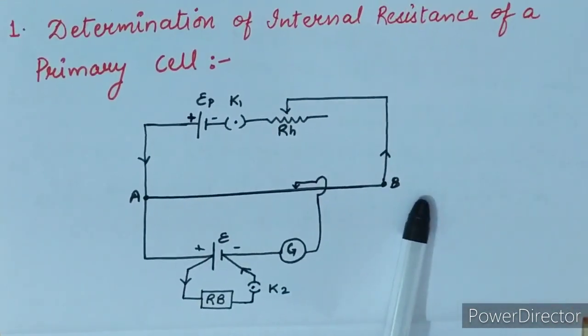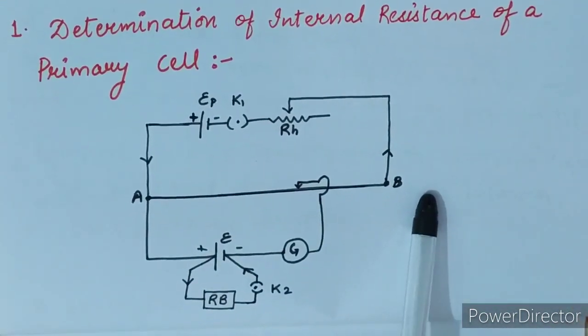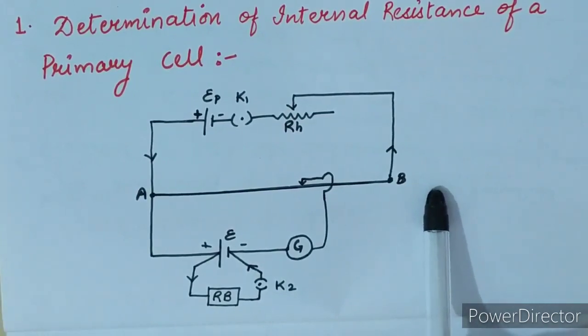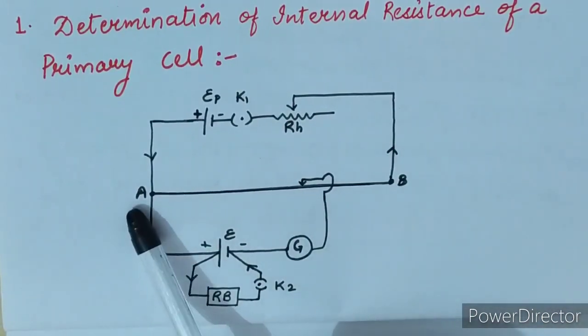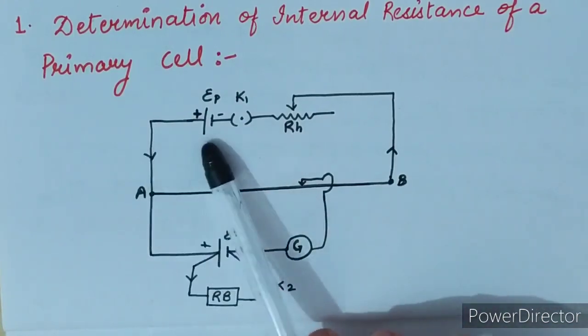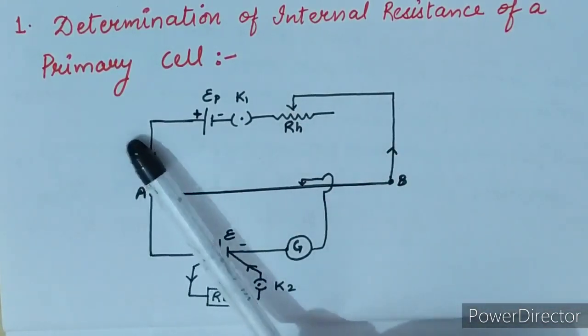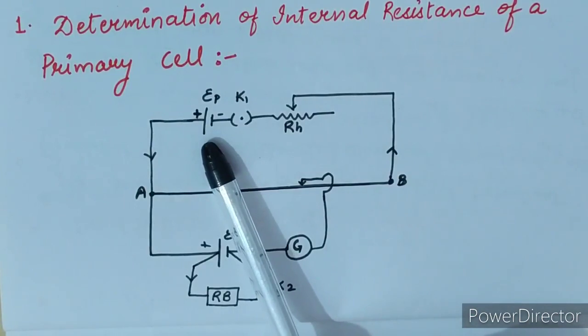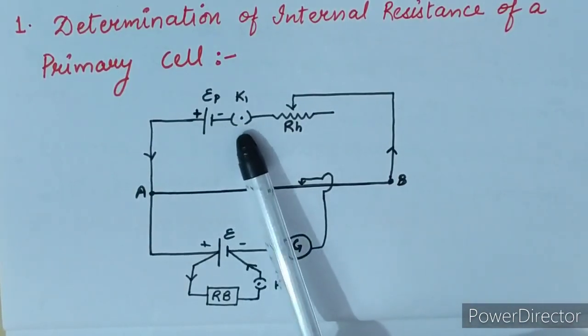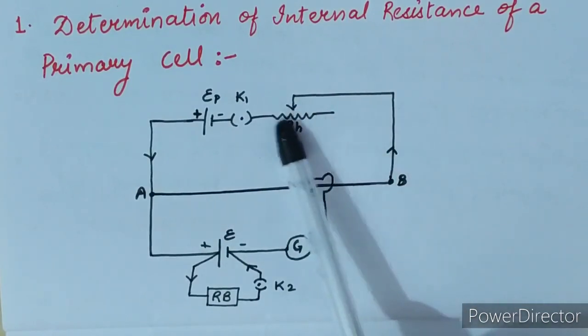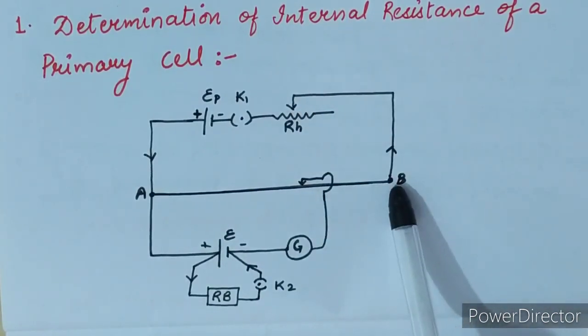Here a 10 meter long wire AB is there. We have already discussed the precaution that for the cells used in the potentiometer, the positive terminal of a cell is always connected with point A only. So the primary circuit is the same: A, the positive terminal of primary cell EP, and the negative terminal with the key K1, then the rheostat, and then point B is connected.